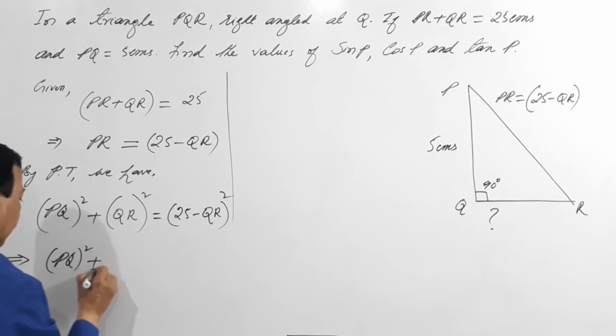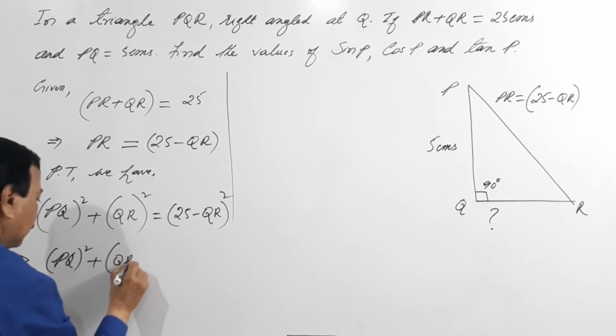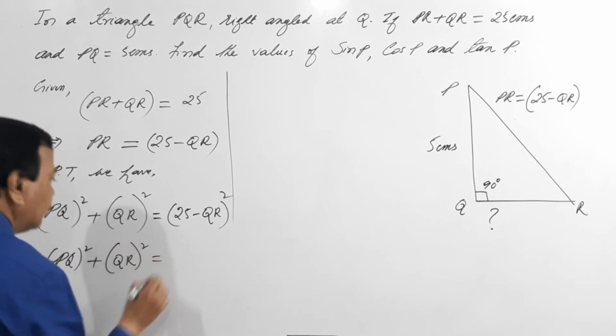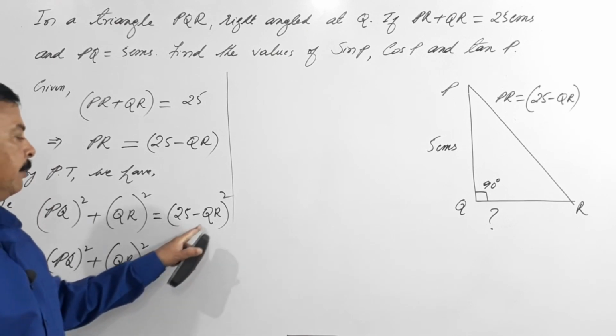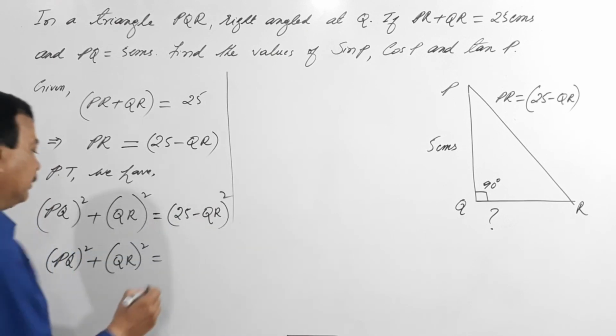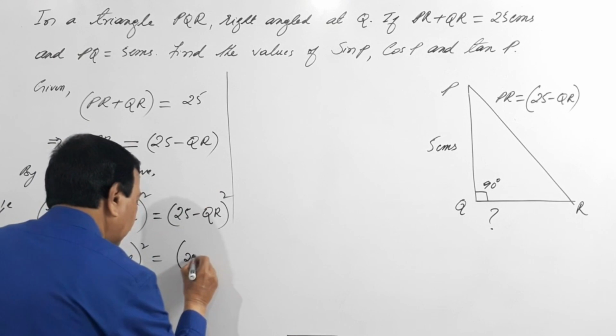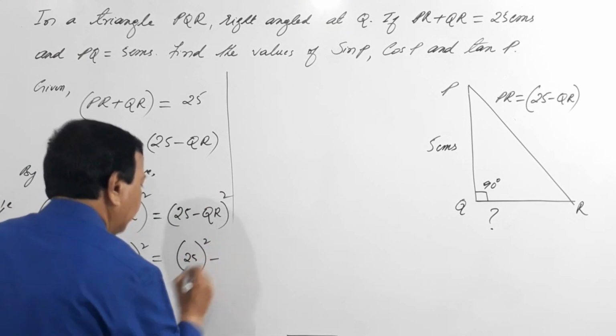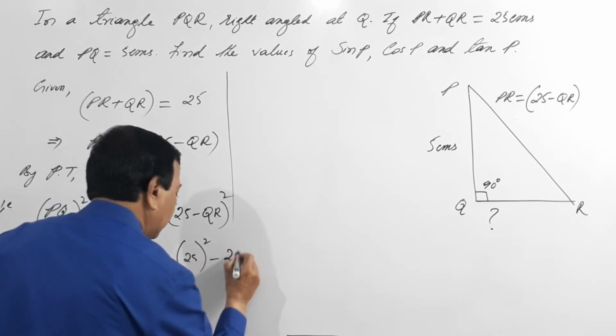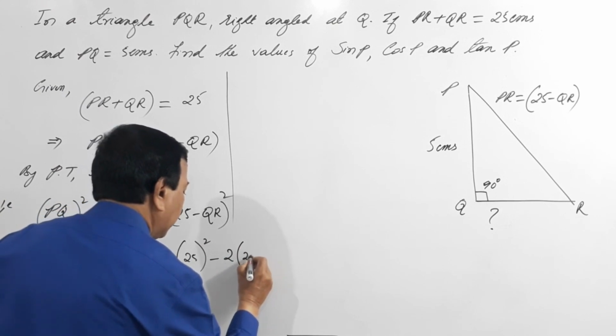PQ square plus QR square equals, this is of the form A minus B the whole square. So this becomes 25 square minus 2 into AB.